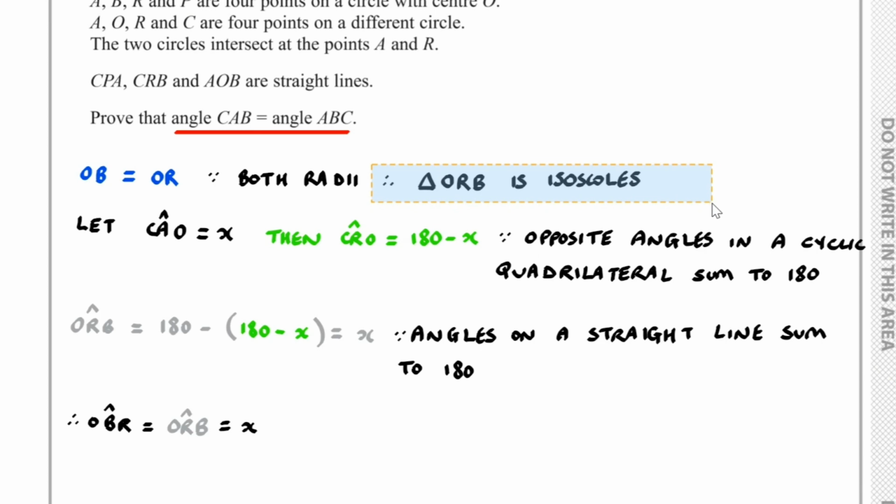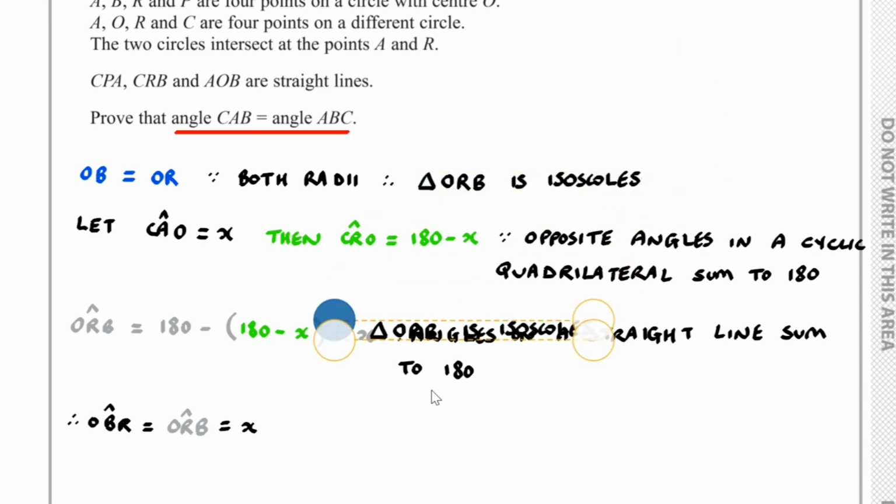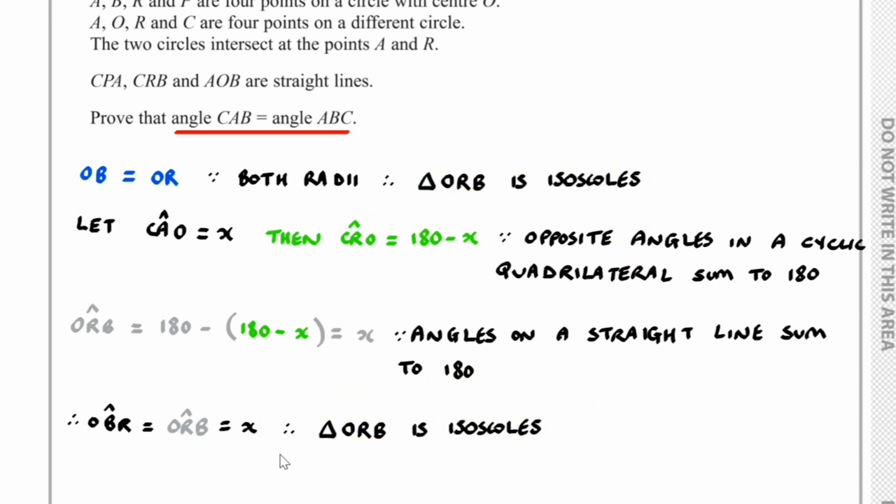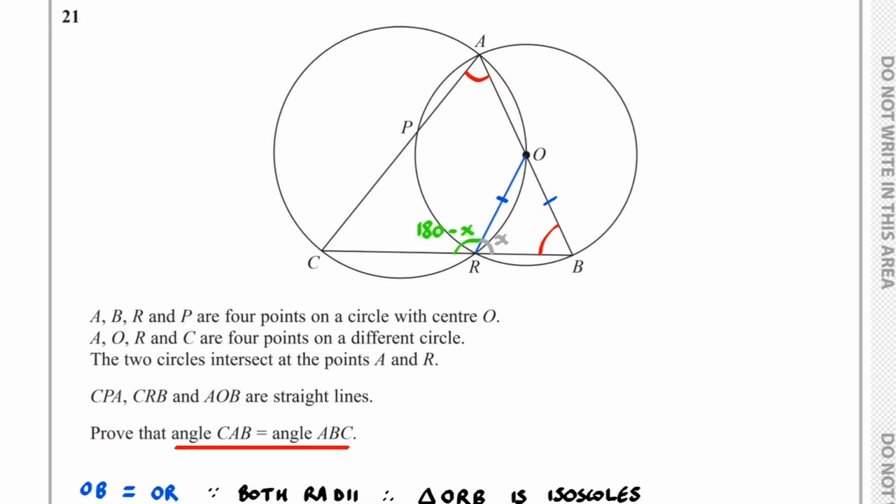And that's because the triangle ORB is isosceles. So I've got x over here.